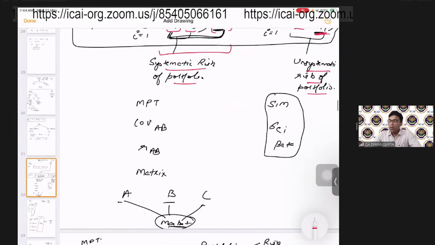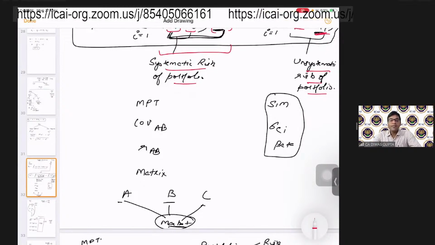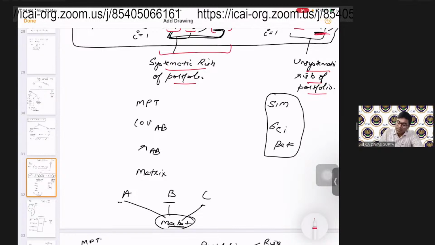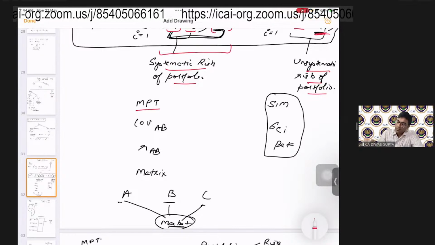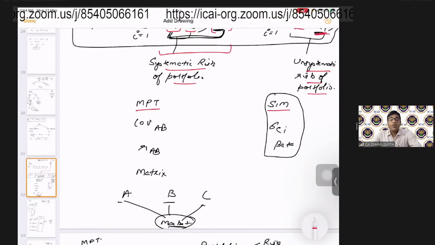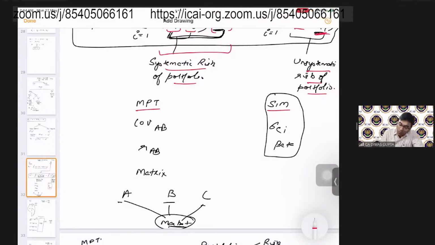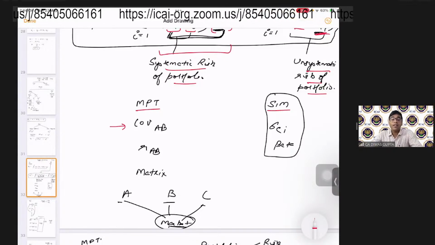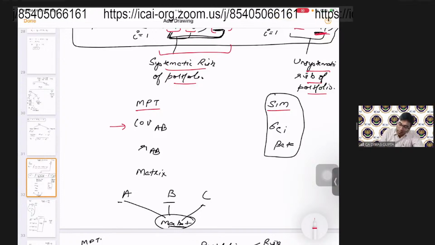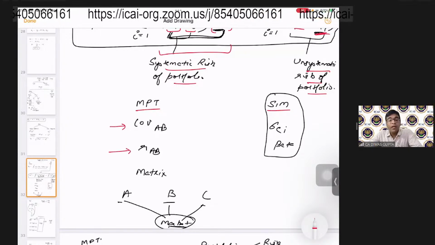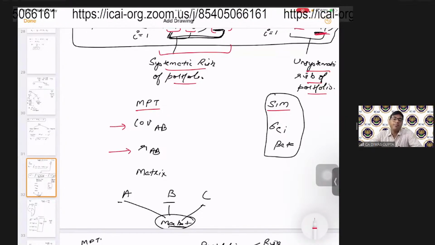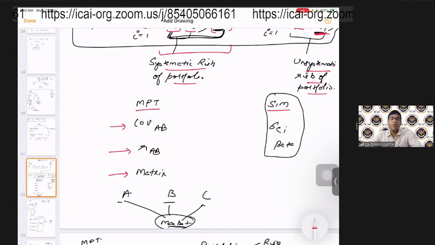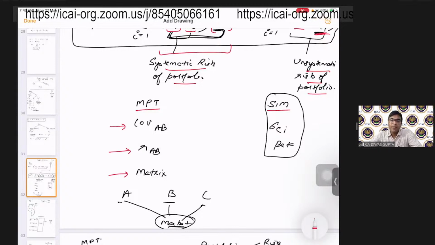Now let's draw out a difference between Markowitz portfolio theory and Sharpe's index model, which is this. In Markowitz portfolio theory, we make use of covariance between A and B. What are A and B here? Different types of securities. And using that, we calculate the correlation coefficient of A and B. And the third thing is we also make use of the matrix approach that we have already discussed.